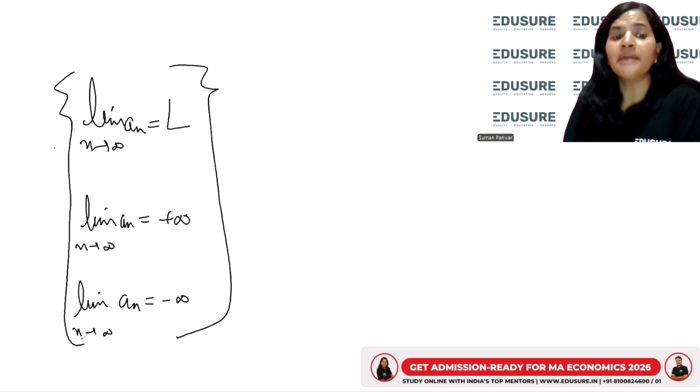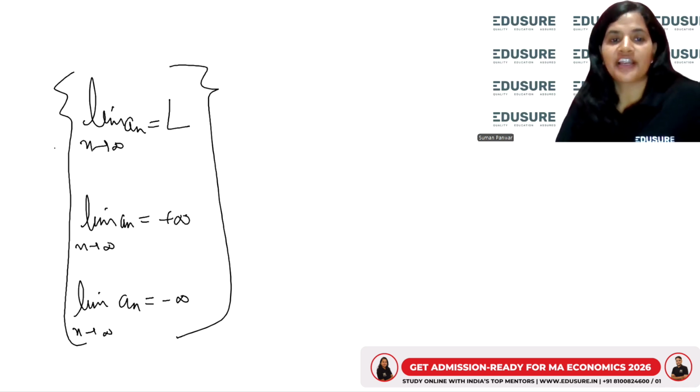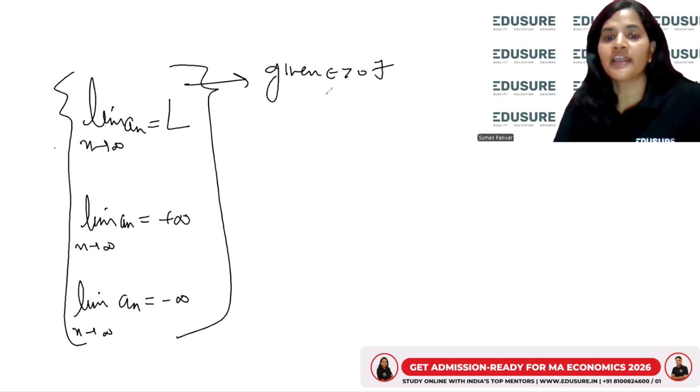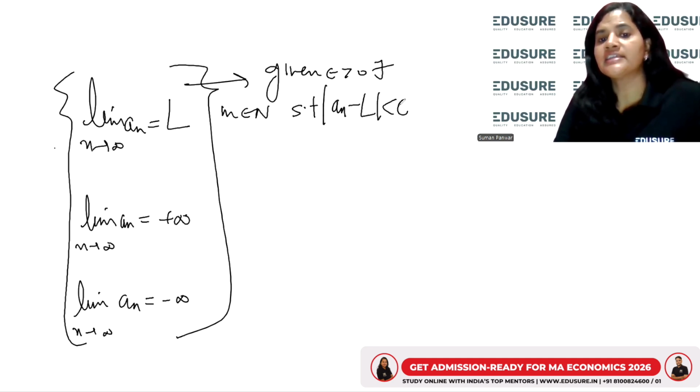Now, the mathematical definitions look very overwhelming because there are a lot of terms. But if you go by common sense, you can very well write those definitions. So let us write them once again. For L: given epsilon positive, there exists a natural number m such that the distance between an and L is less than epsilon for all n greater than or equal to m.